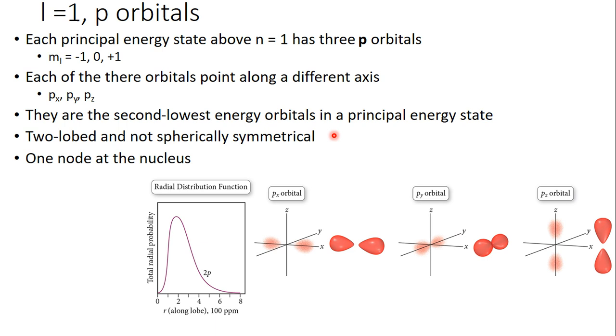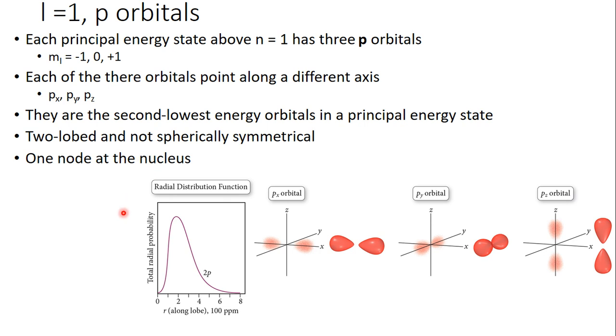Now let's look at the p orbitals. That's when L equals 1. And when L equals 1, we have 3 m sub L levels, if you remember: -1, 0, and +1. All that means is that you have a p orbital on the x-axis, a p orbital on the y-axis, and a p orbital on the z-axis.